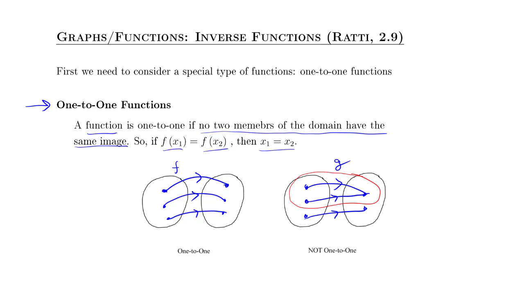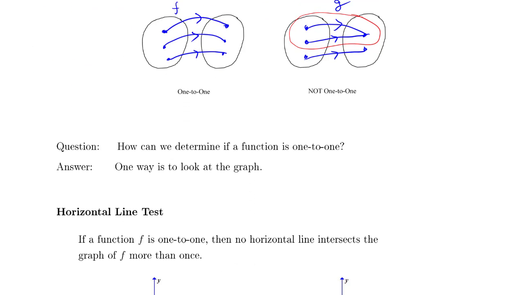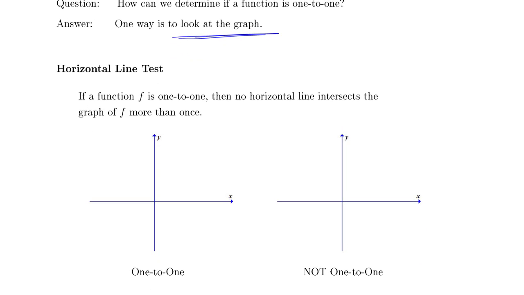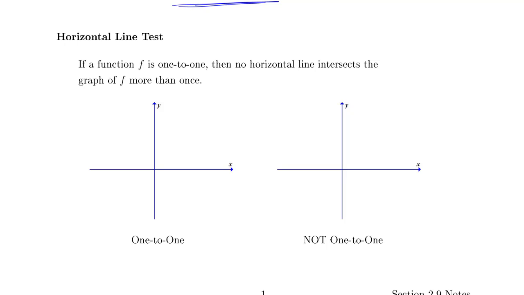Graphically we can see it in this illustration, but when we get into specific functions, how do we decide if a function is one-to-one? One way is to look at a function's graph. When we were looking at functions before, we talked about the vertical line test to decide whether something was a function or not.